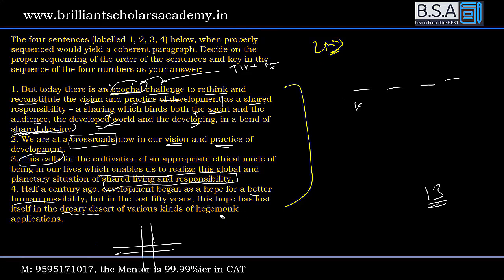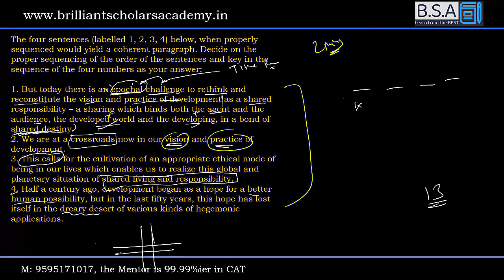So let us try to bring everything in one story. Let us try to bring all four in one place. Here, do you feel that second one is introducing the concept that, listen to the language. I feel second is introducing concept that our vision and practice of development are not matching.